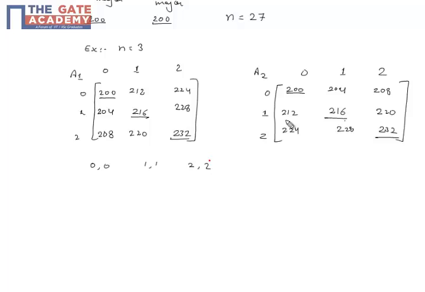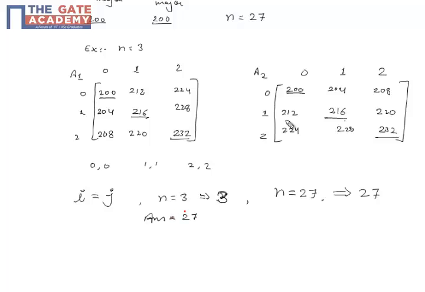In technical terms, the items for which i is equal to j all have the same addresses in both row major and column major order. That means if n is equal to 3, I have 3 such items. So if the question asks for n equal to 27, then my answer should be 27.